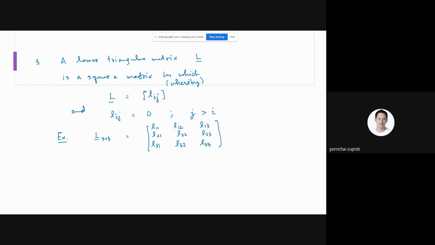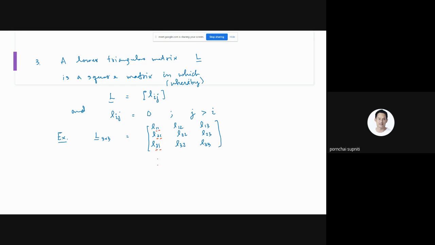Which elements have j greater than i? Can you tell, Pure? Which element has the column index larger than the row index? If you take a look here, 1 1, this is i is 1, j is 1; i is 2, j is 1; i is 3, j is 1.